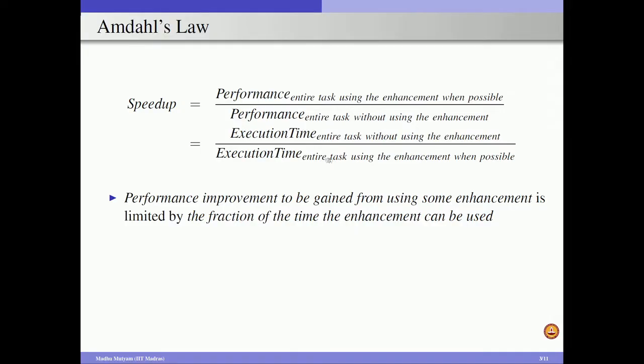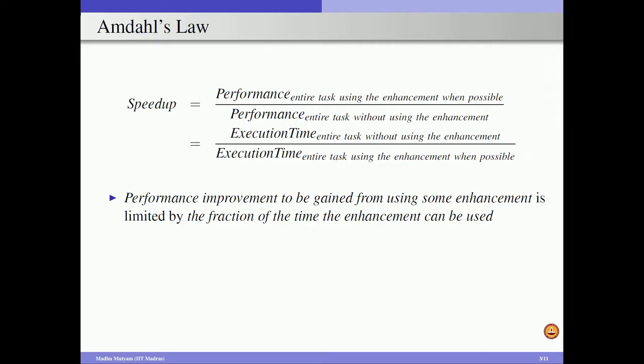So by the way, the performance is inversely proportional to the execution time. As a result, the speedup can also be written as the ratio of execution time for the entire task without using any enhancement by the execution time for the entire task when using the enhancement when possible.